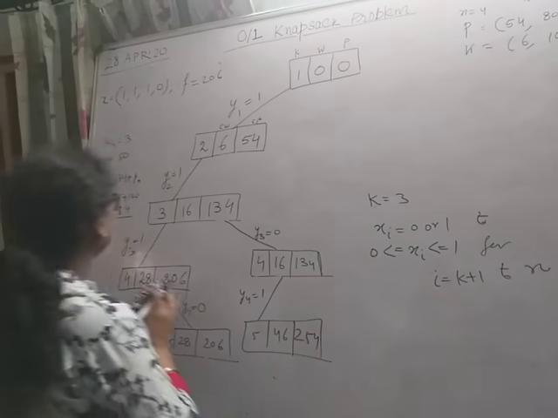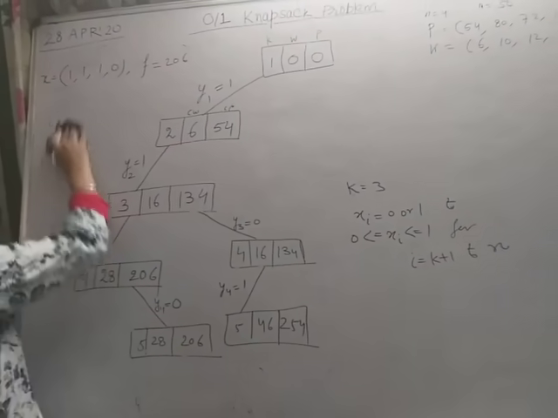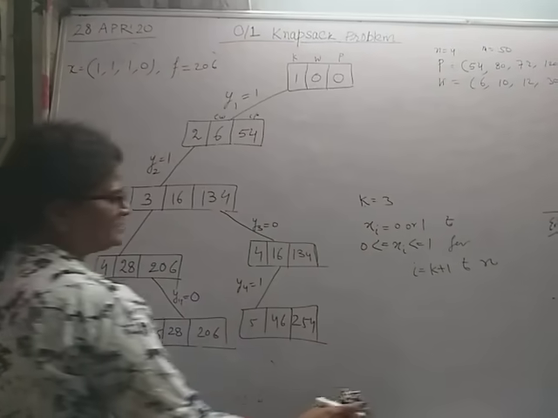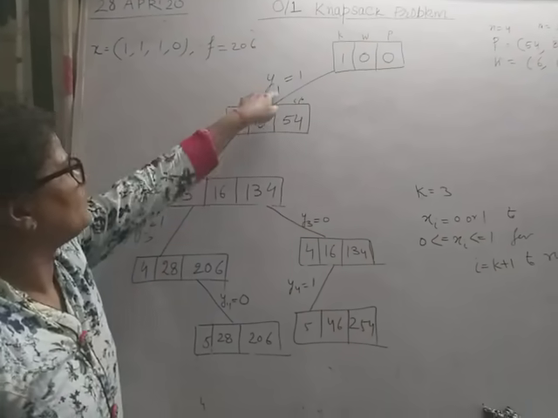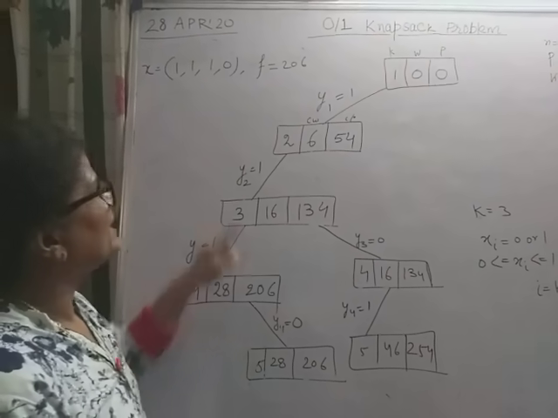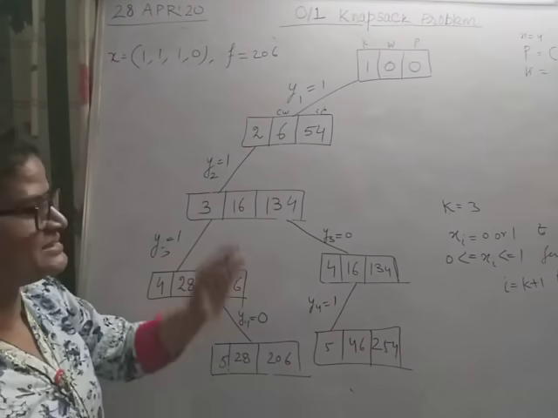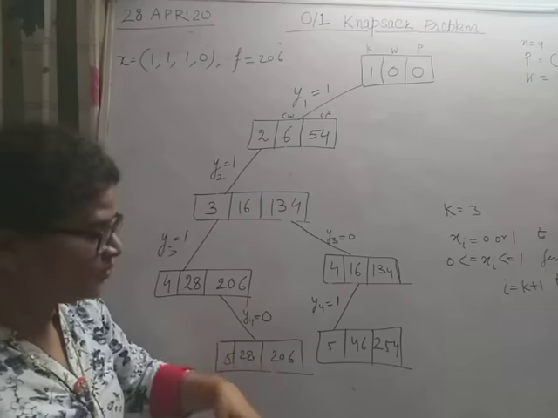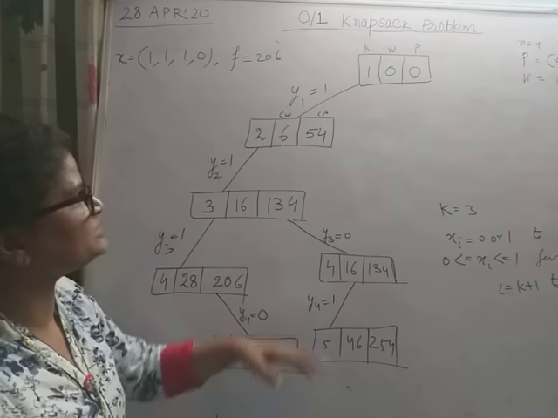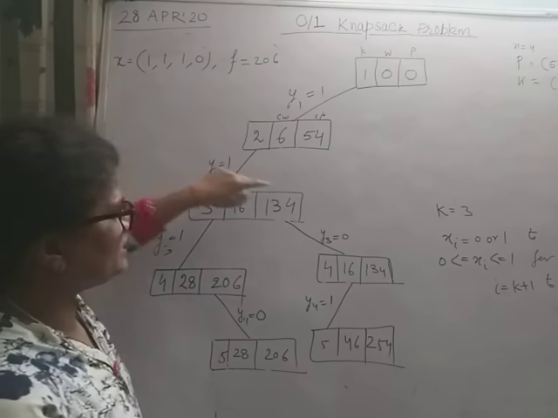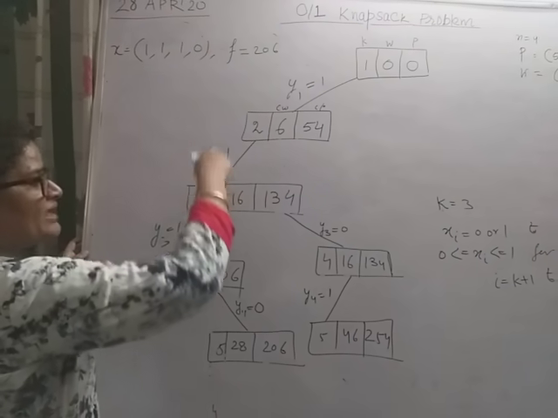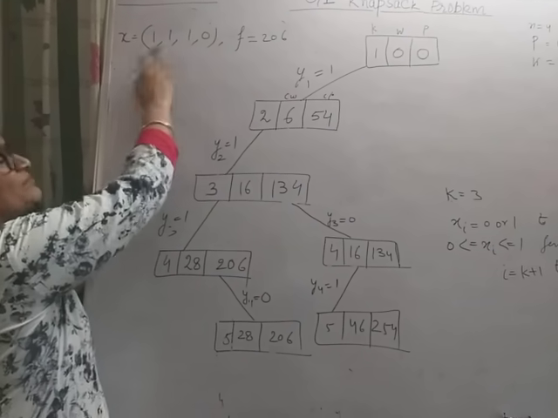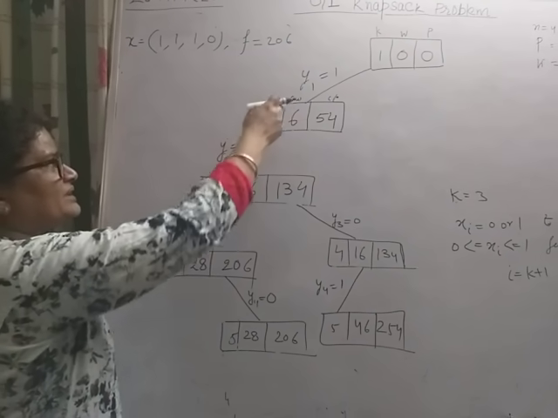Now see, previously when I reached the leaf node 1110, its profit was 206. Now I get a better solution, 1101. So this x will be overwritten by this.